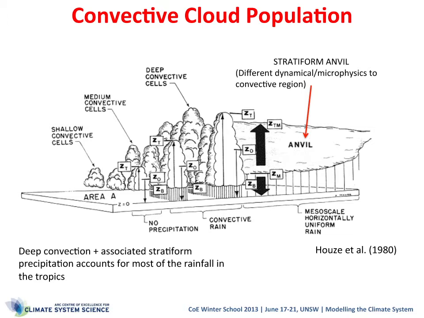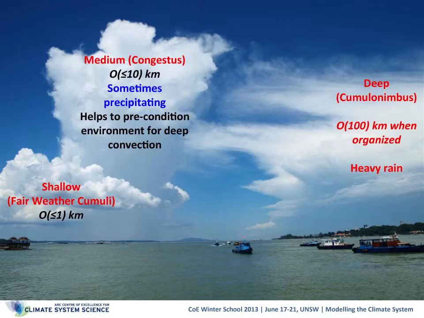In the tropics, a lot of the precipitation accounts for most of the rainfall. Here's a plot I got from Google by searching through the internet. You can see that these three cloud types can coexist within the same region. The horizontal scales are shown as such. So you have congestus, medium convection.